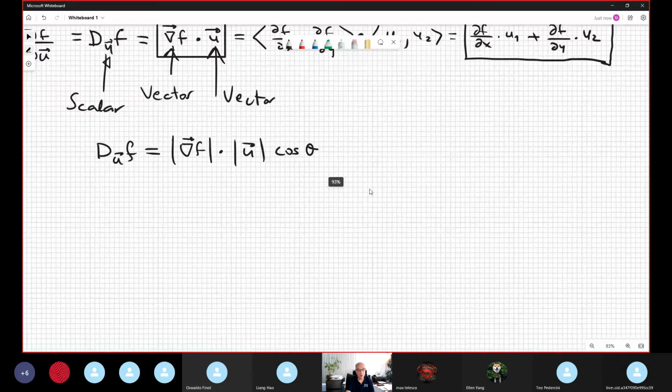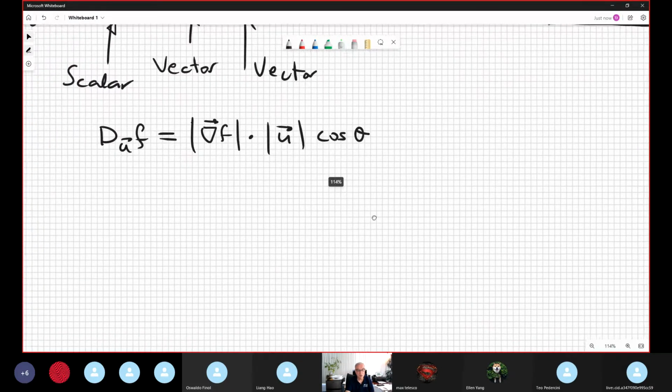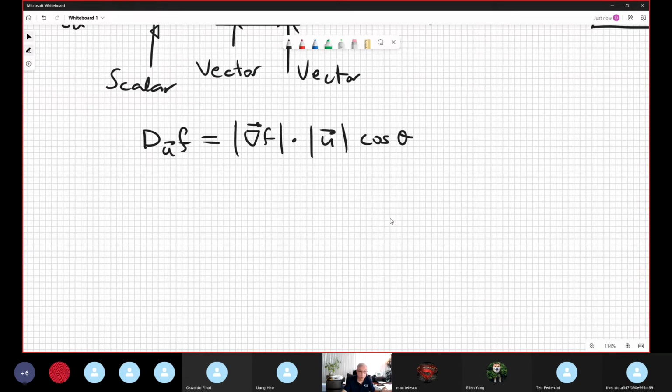It's a famous formula that we use to find the angle between two vectors. Cool. However, the unit vector magnitude is 1, because it's a unit vector. So the directional derivative is equal to the magnitude of the gradient multiplied by cosine theta.